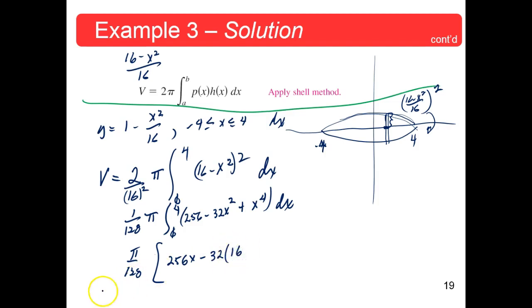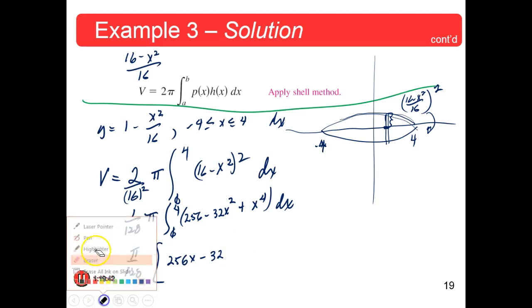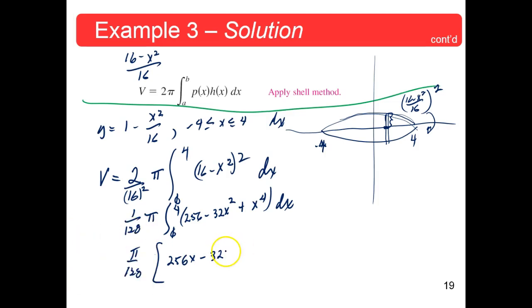Well, oh, okay, I'm sorry. I'm already substituting. I probably shouldn't yet. That's 32 x cubed over 3, sorry. You were saying that, I think, weren't you? And the next, plus x fifth over 5. Evaluated from 0 to 4.